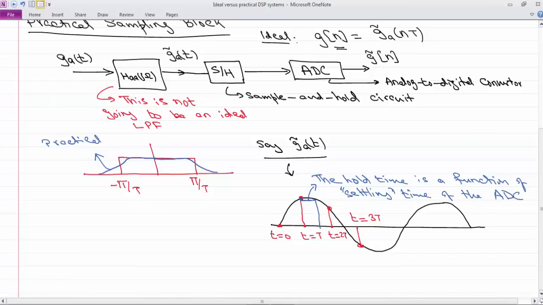Okay. There is no ADC which can instantaneously measure an input. So these values could be in microseconds, they could be in nanoseconds, but it's not going to be 0. So that's the sample and hold.